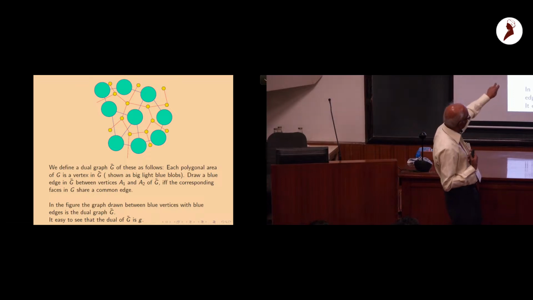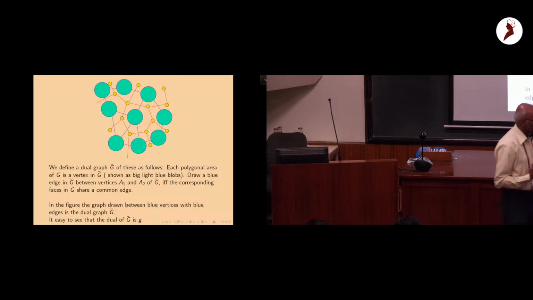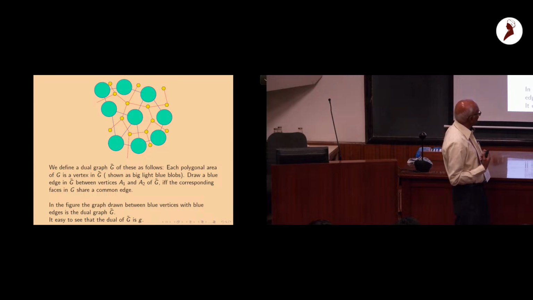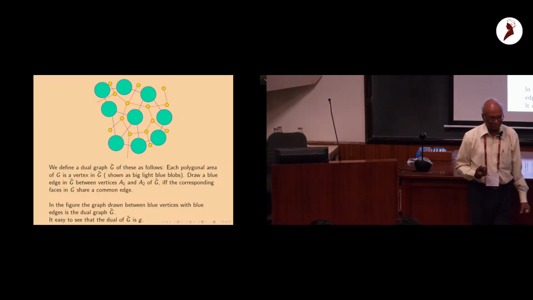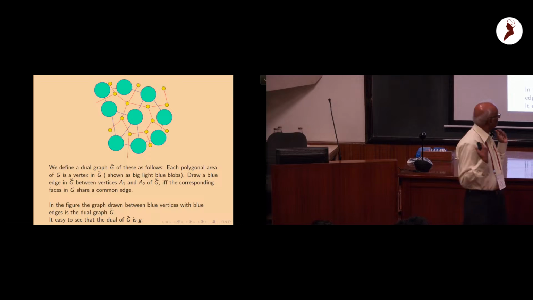For each face, which is a polygon, I define a blue vertex. Okay? So then there are all these vertices. If two faces, two polygons share a common edge, then I draw a line connecting them. Okay, so those are the blue lines.